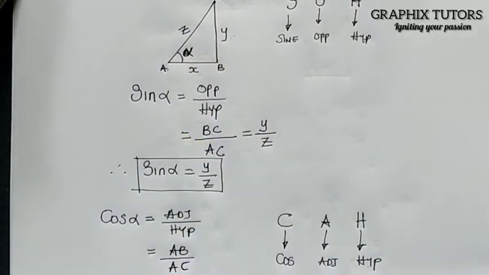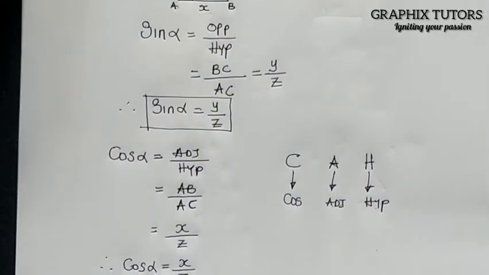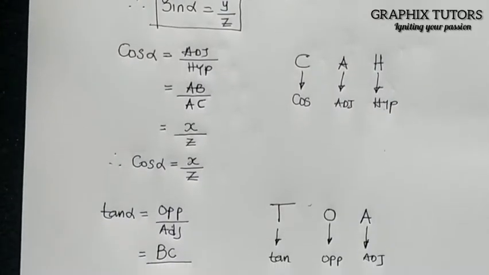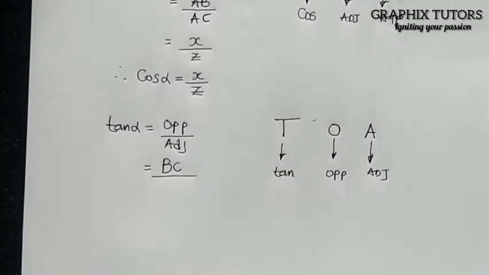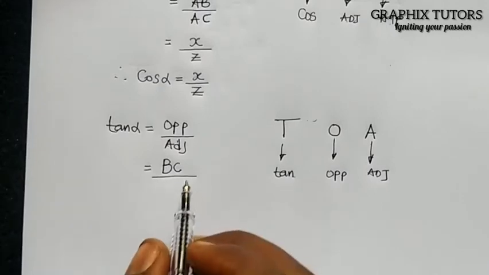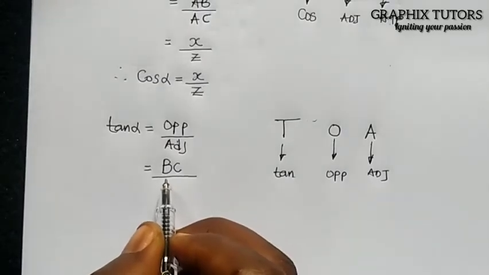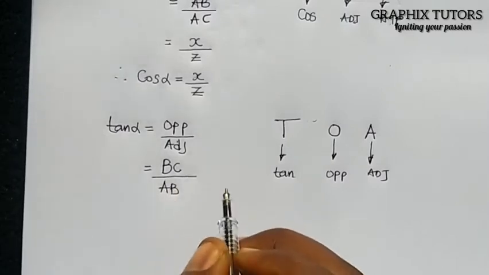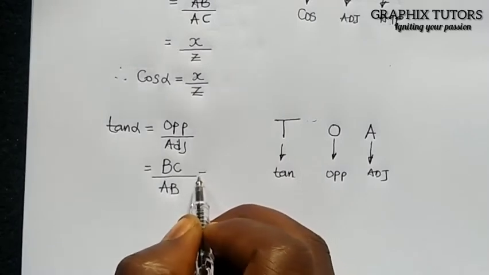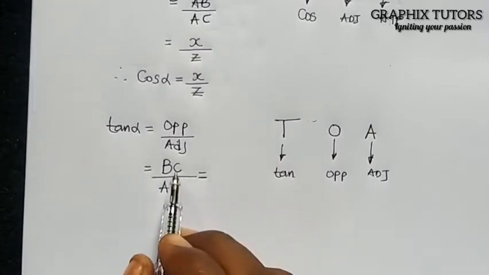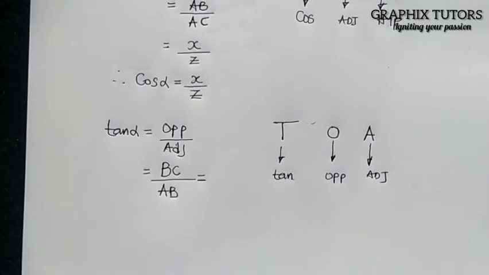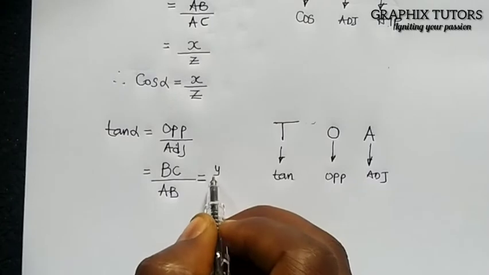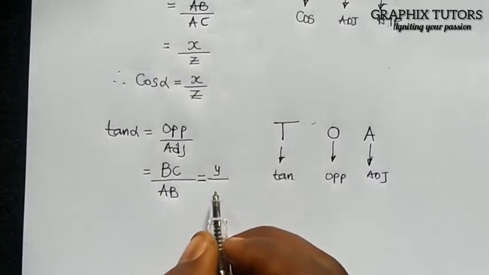AB, and that is X. So BC, if you check the triangle, BC is giving us Y, all over AB is giving us what? X.